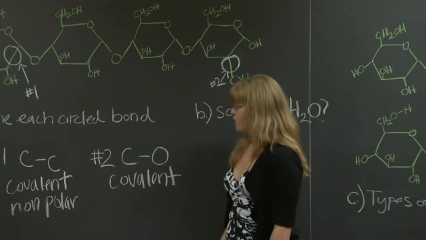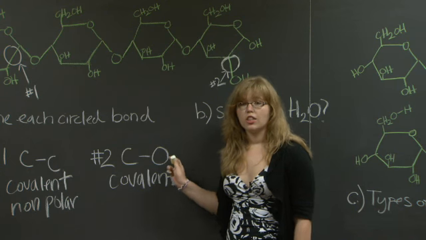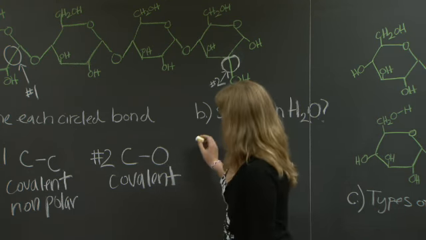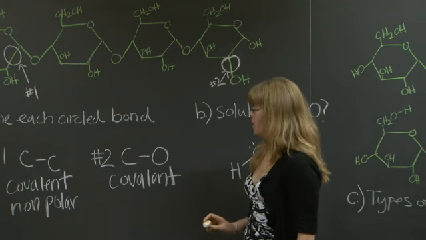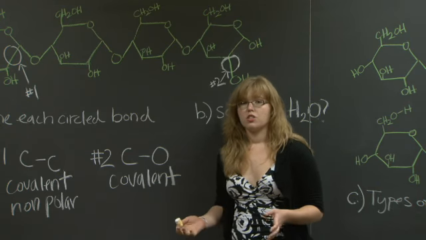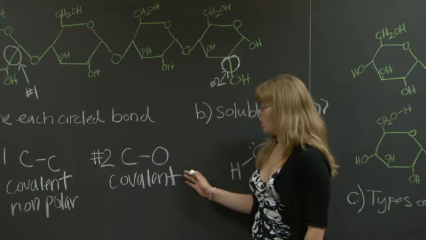And when you look at the electronegativities of carbon and oxygen, you find that oxygen is much more electronegative than carbon. So in a carbon to oxygen bond, oxygen is greedy and it's going to take the electrons closer to itself and not share them equally with the carbon.